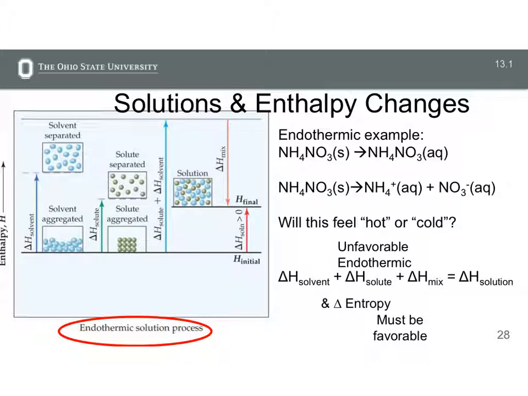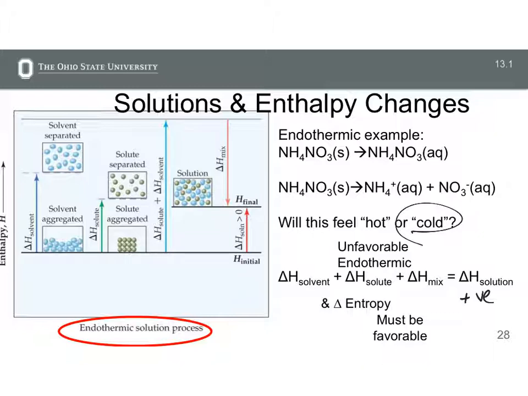We end up with a positive delta H of solution. But if we look at a specific example, ammonium nitrate, if it's endothermic, does it feel hot or cold? Cold?